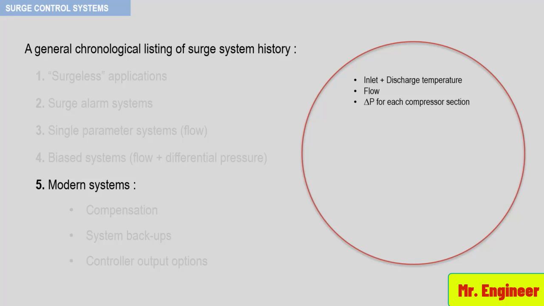Examine the relationship for polytropic head as seen previously, and you will see that this approach yields a more accurate approximation of the operating point. This is because input of temperature at the inlet and discharge of the compressor allows the calculation of the following terms highlighted in blue.